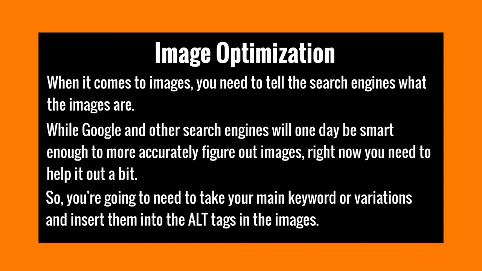Now, the second keyword, you don't want to put the same keyword. You want to put a variation of that keyword. Or based on what we talked about earlier, having the main keyword and then of course having keywords related to that keyword, you can put those in the other images. But you have enough where Google looks at it and thinks, okay, all these images are related.